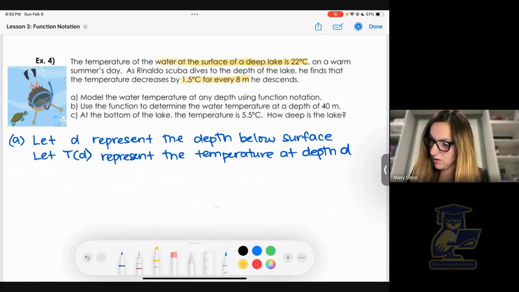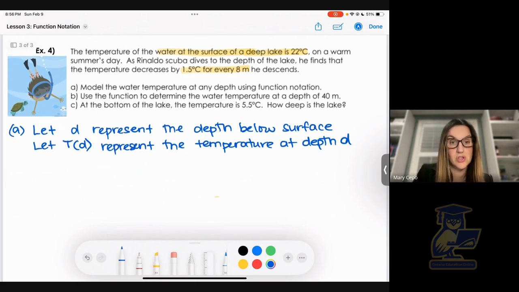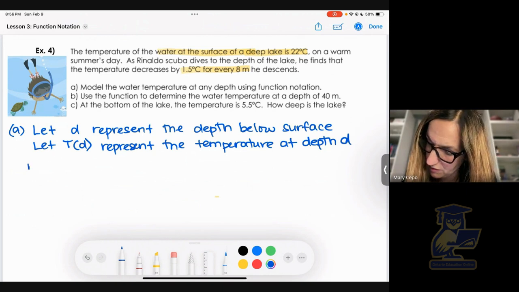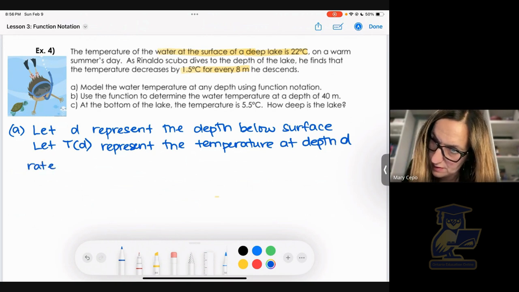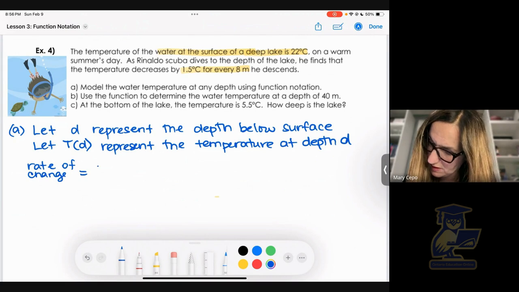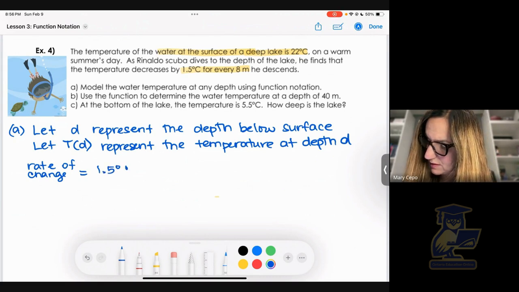So we need to figure out the rate at which the temperature is changing according to the depth. So we're going to figure out that rate of change. We're going to take 1.5 degrees Celsius every 8 meters.